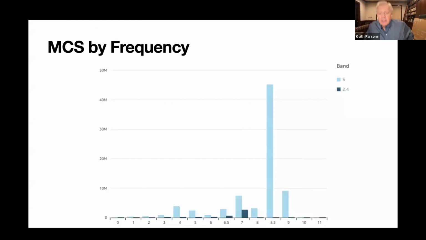So here we go. This is a very simple one. MCS by frequency. This is comparing 2.4 to 5 gig. And this chart is also reinforcing there's a lot more data showing 5 gig than there is 2.4. But the 2.4 is also reporting a lower MCS.